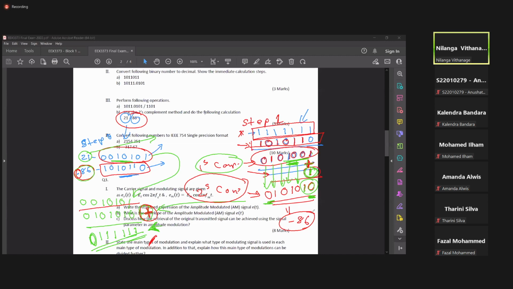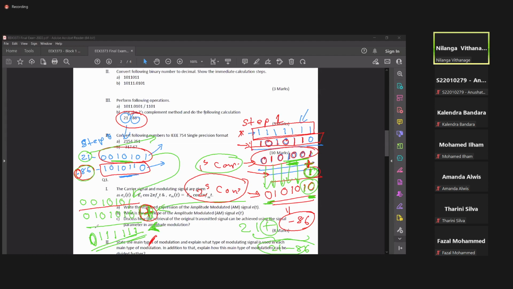This is really important. Not 86. You get the two's complement value of minus 86. Right? So now you can do the addition. 21 plus minus 86 means 21 minus 86 now. So you can add these two numbers. Here it is addition. So you can get this number, right?